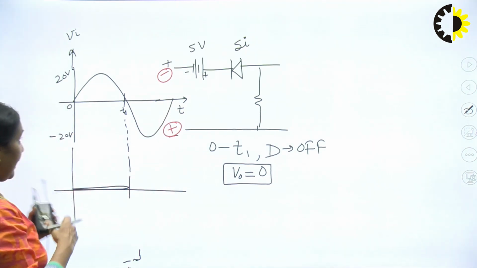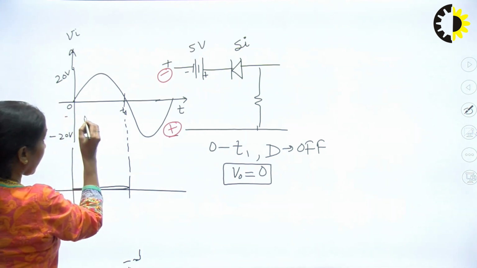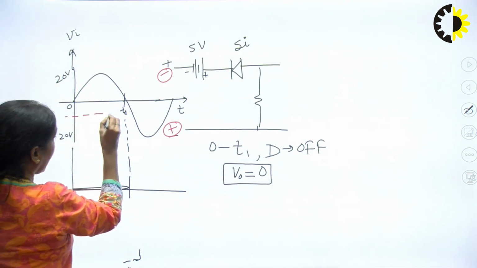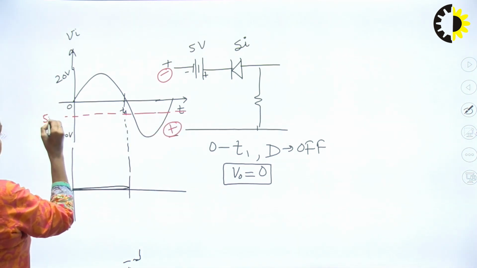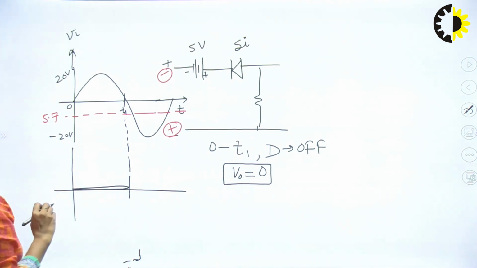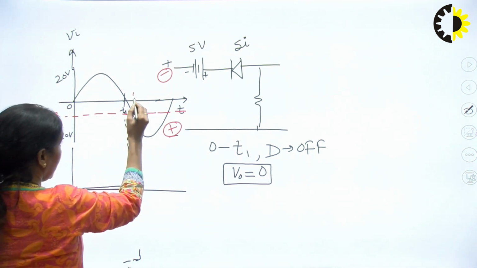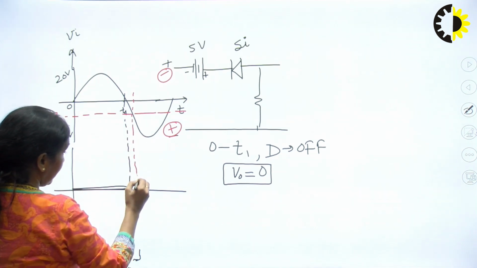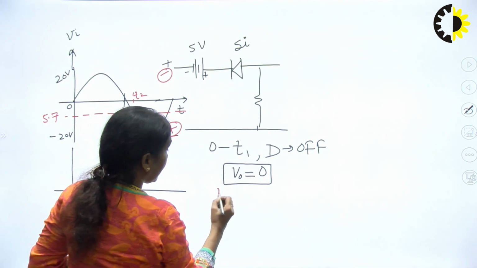So, I can say that my transition voltage is 5.7 volts.